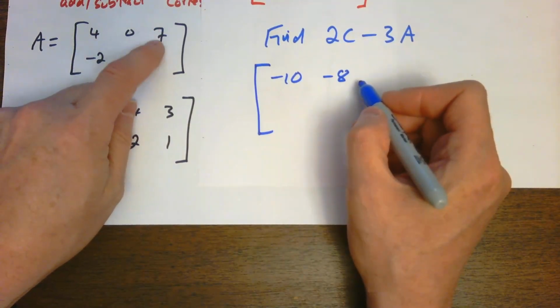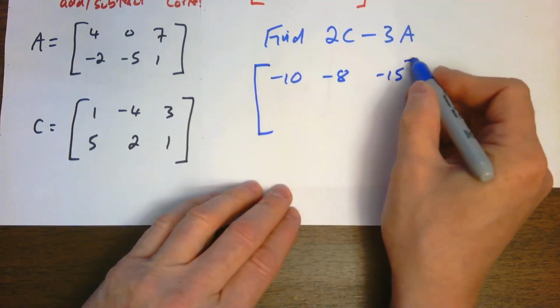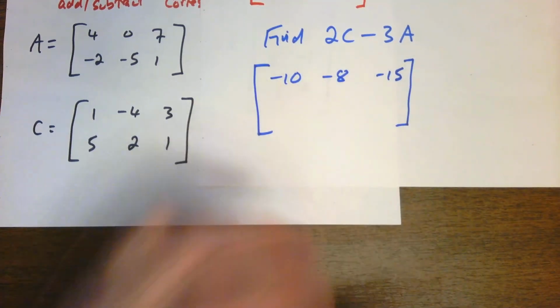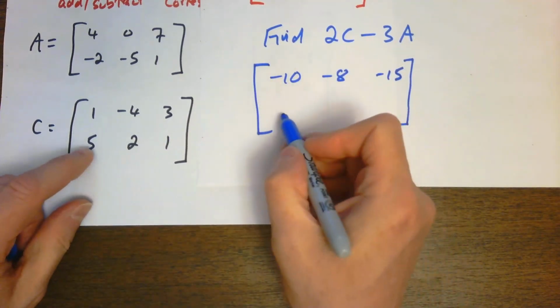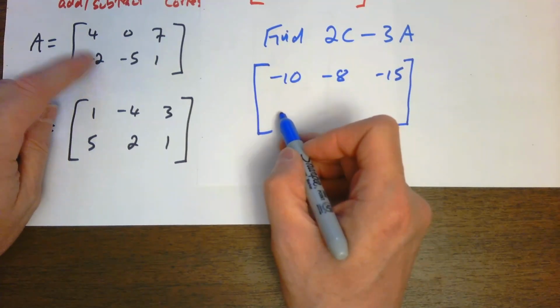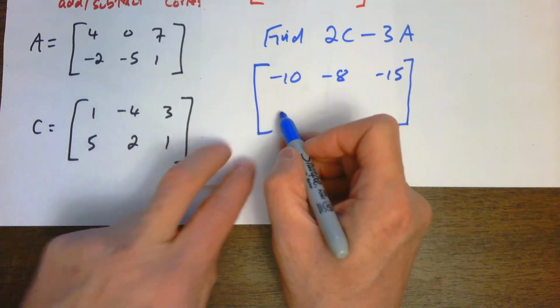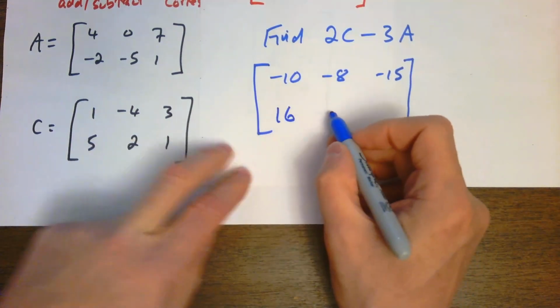Minus 3 times 7 is 21. 6 minus 21 is -15. 2 times 5 is 10. 3 times -2 is -6. 10 minus -6 is 10 plus 6, 16.